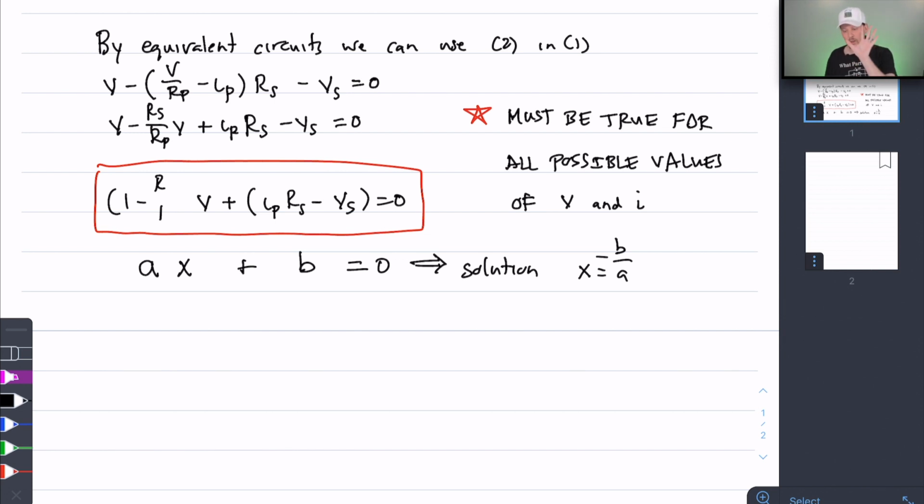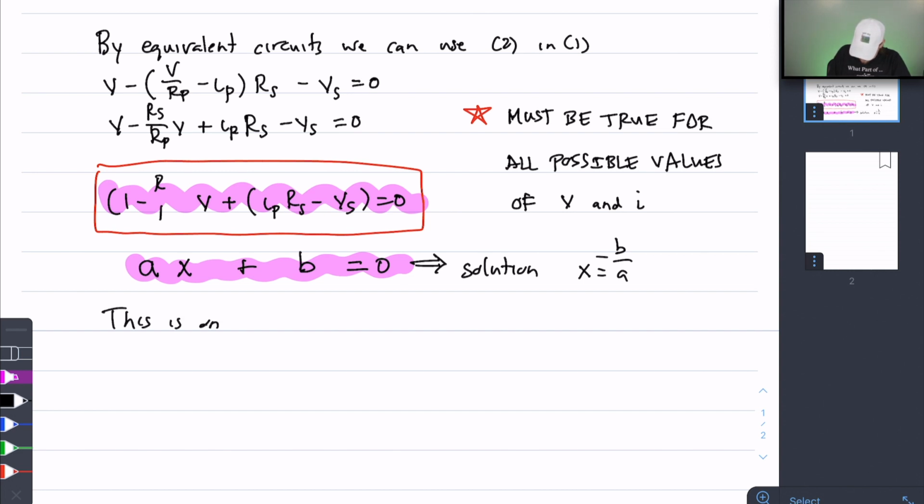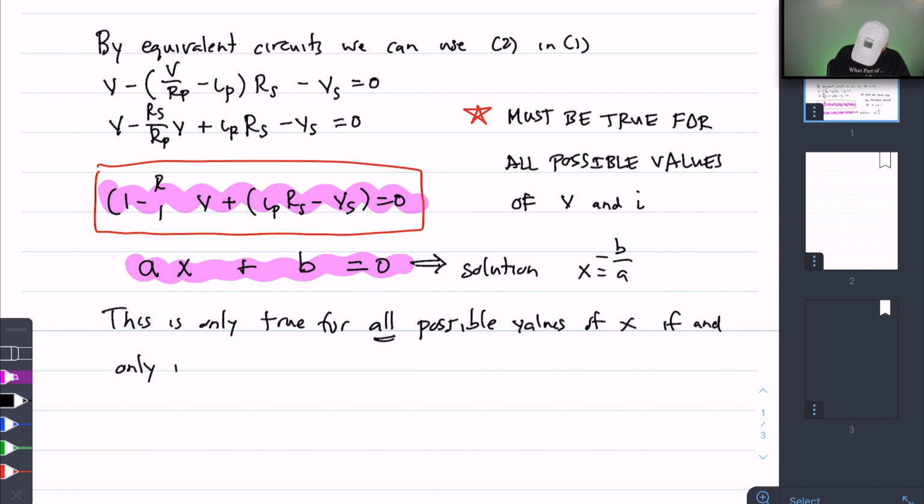So the only way that this equation can be true for every single last possible value of x is if and only if a is 0 and b is 0.